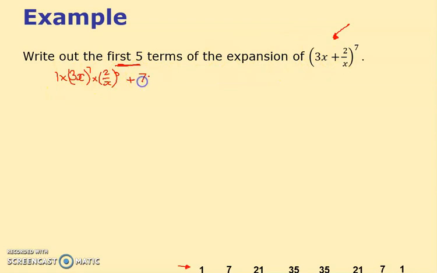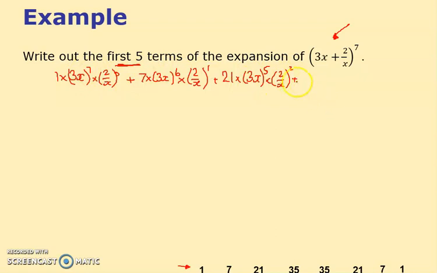Next one is 7 times, in brackets, (3x) to the 6 times 2/x. Plus, what's the next number? 21 times (3x) to the 5 times (2/x) squared. And again, notice how 2 and 5 make 7, 6 and 1 make 7, 7 and 0 make 7. That will always be the case if they add up.